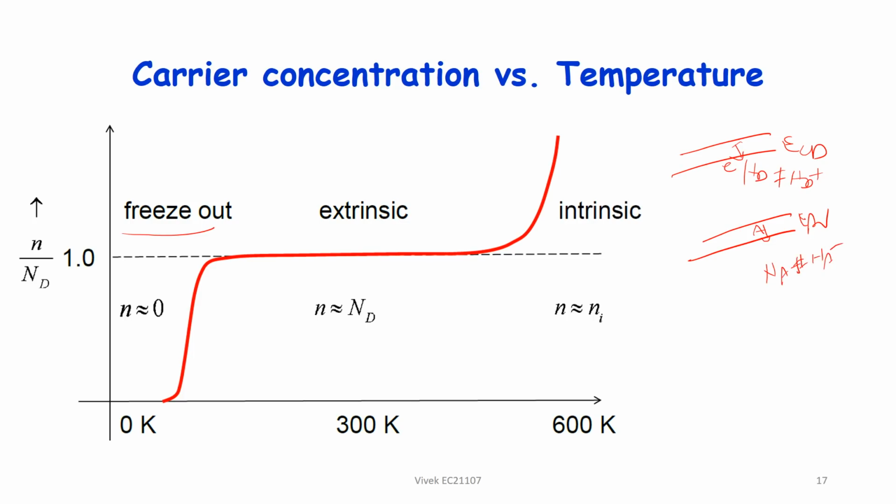So the number of carriers will be less. In the middle temperature range, they are extrinsic and doping plays a role. But if you go to high temperature, then kT is so high that Ni will increase. If Ni is more than the doping, then again it will become intrinsic.